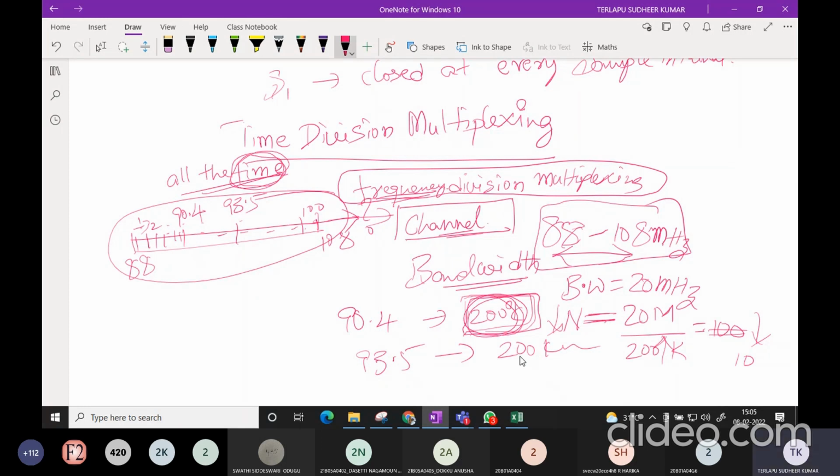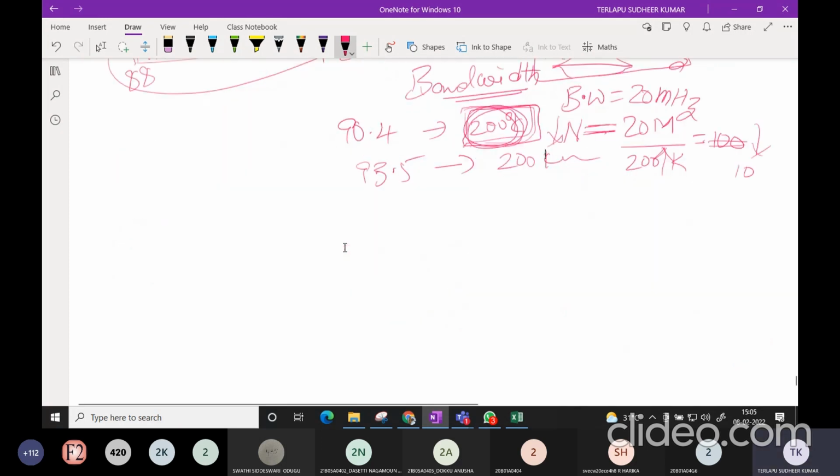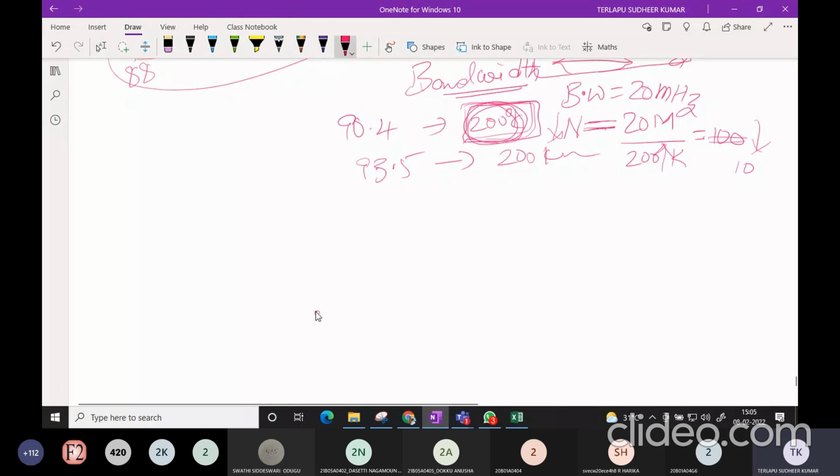Now, what is time division multiplexing? Time division multiplexing is very simple. I have user 1 here, user 2 here, user 3 here. And now I want to transmit the signal from user 1 to the channel, user 2 to the channel, user 3 to the channel.